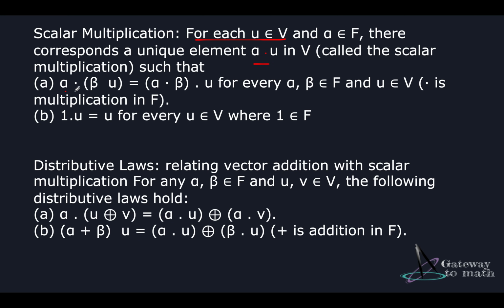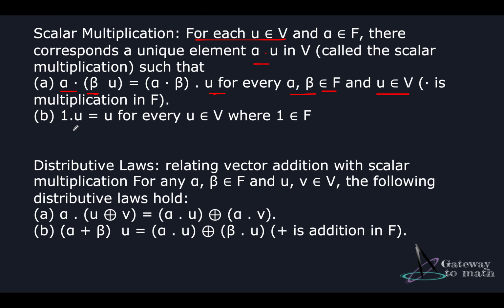So let's say you have A which is a scalar in the field, and then there's B which is another scalar, and you have a vector element u here. If you multiply the vector with the scalar and then multiply it with another scalar, it will be equal to multiplying the two scalars together and then multiplying with the vector, where alpha comma beta belong to the field and u belongs to the vector space.